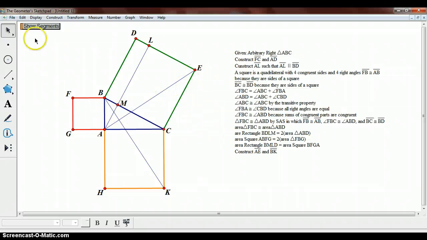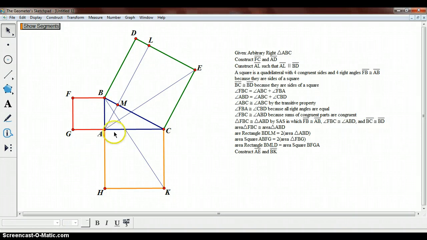We also know that the angle BCK is composed of a right angle and angle BCA. Likewise, angle ACE is composed of a right angle and angle BCA. Therefore, angle ACE is congruent to angle BCK.